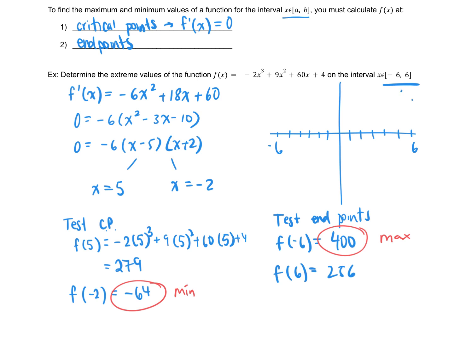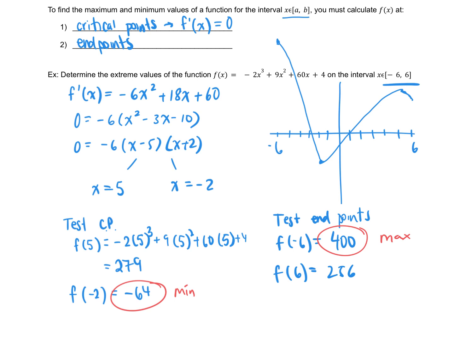So something like that. This is what it's going to look like. And then at -2, I'm at -64. Obviously, this is very rough. And at -6, I'm at 400. I'm just going to go way above. So this is kind of what we have.